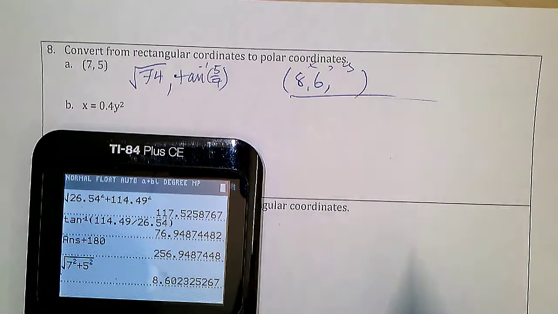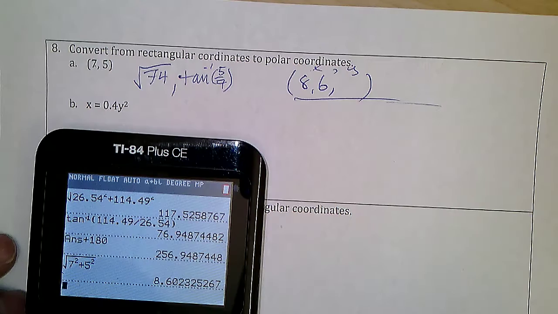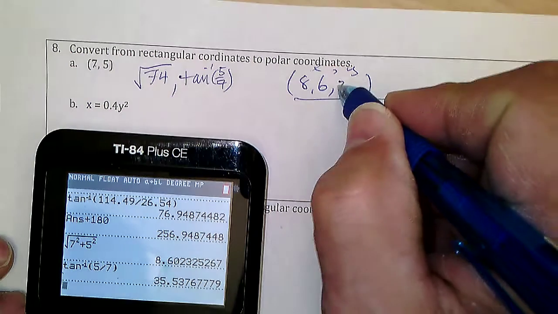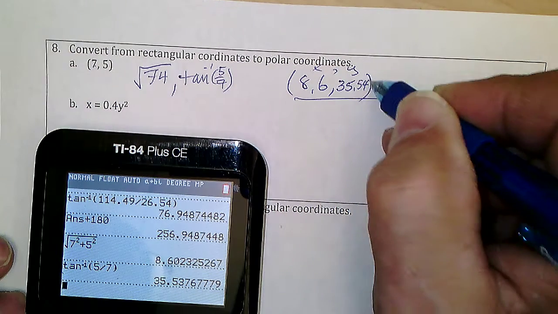And the y coordinate is, and we don't have to add 180 because the x is positive, tangent inverse of 5 divided by 7, which is 35.54 degrees.